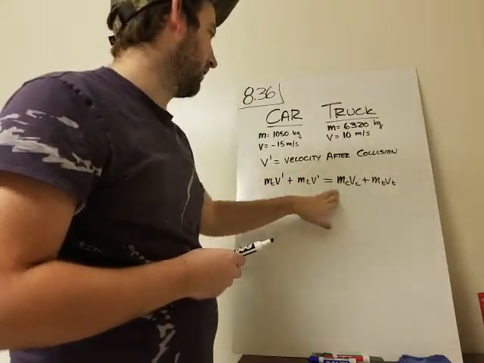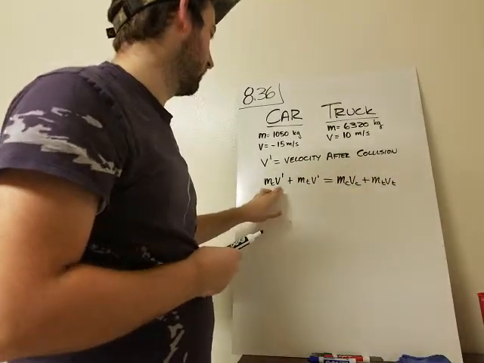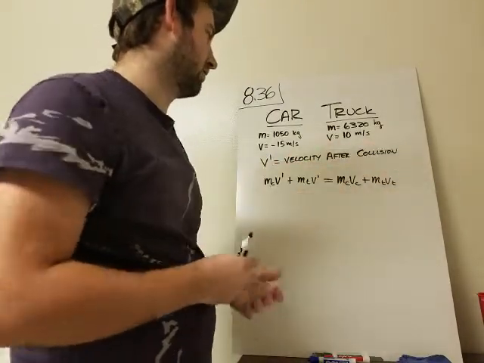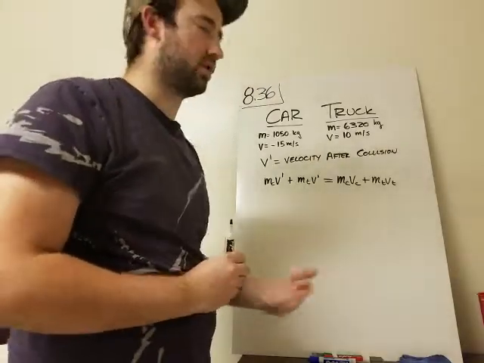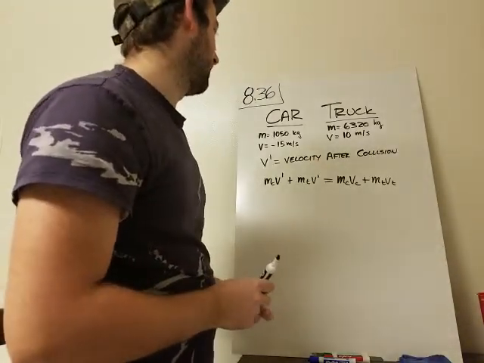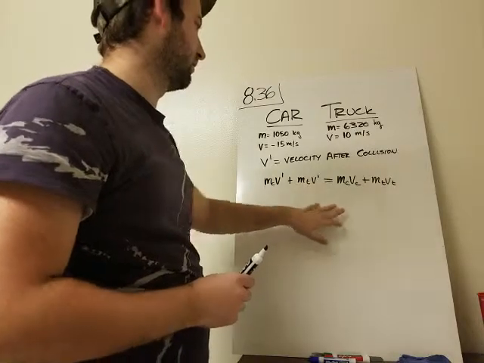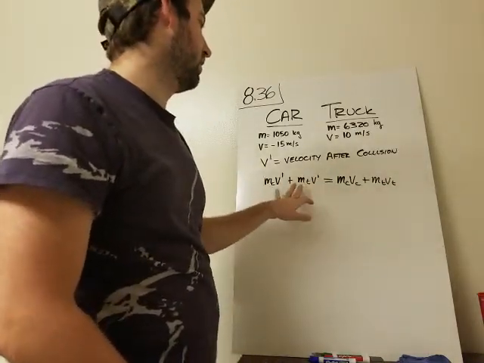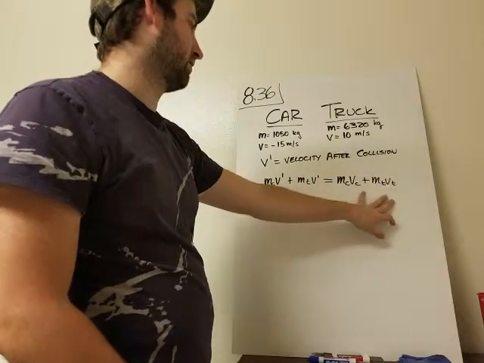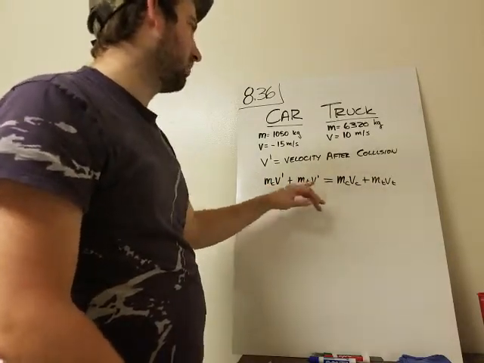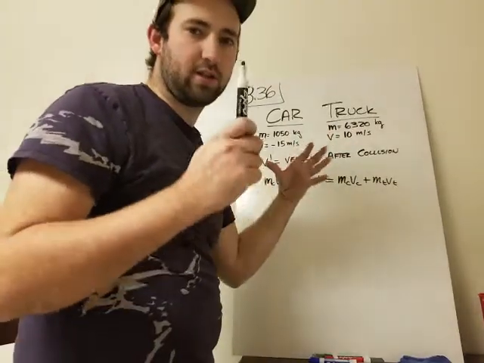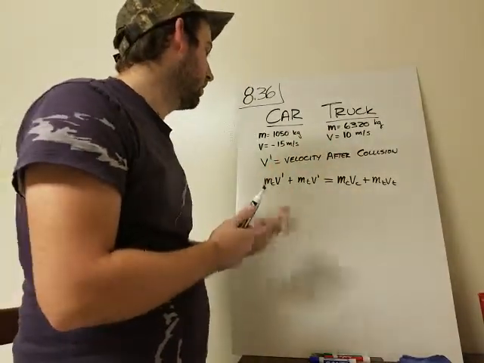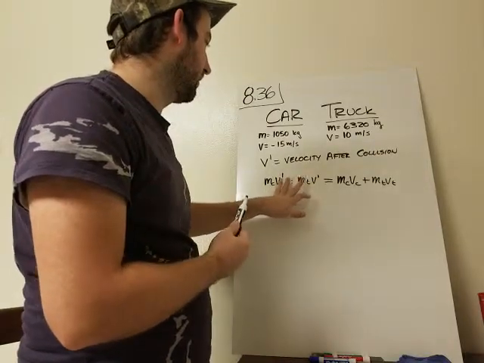So I've already written down our starter step. My V prime is the velocity after the collision. What we have is conservation of momentum: mass times velocity on both sides. But in the problem, the car and the truck stick together after the collision, so we don't need a plus on the right side.